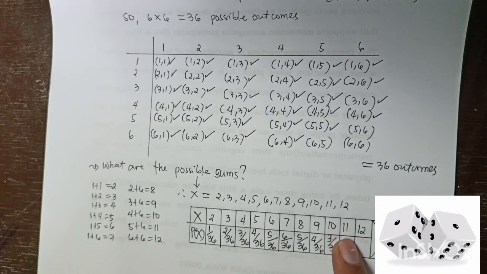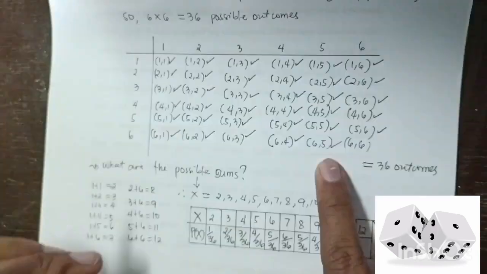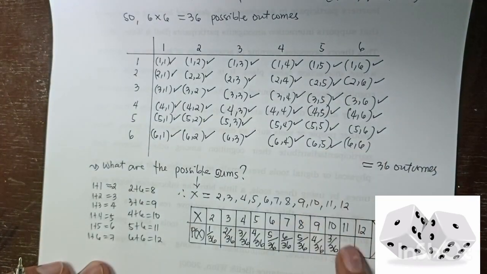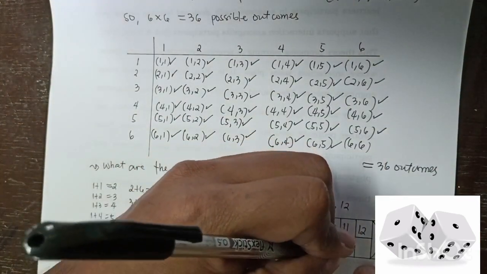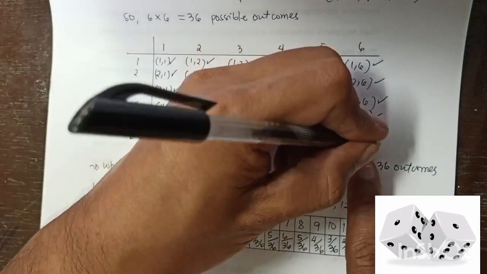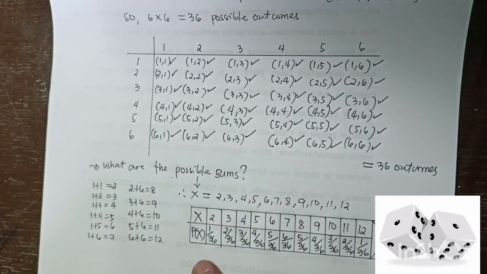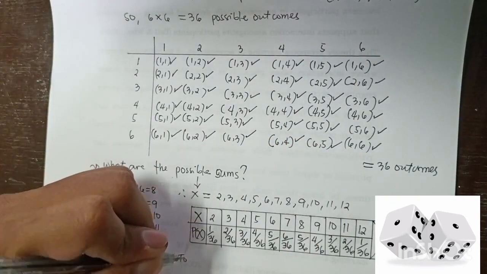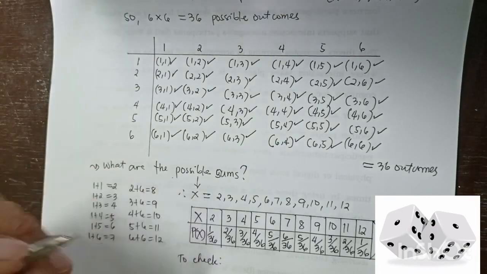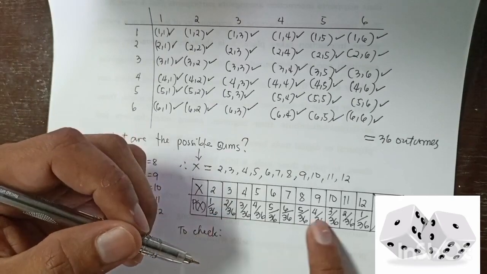And for the sum of 11, we have 5 and 6, and 6 and 5. There are only 2 out of 36 outcomes. And for the sum of 12, we have only 6 and 6, which is 1 out of 36 outcomes. So we now have a complete probability distribution table.